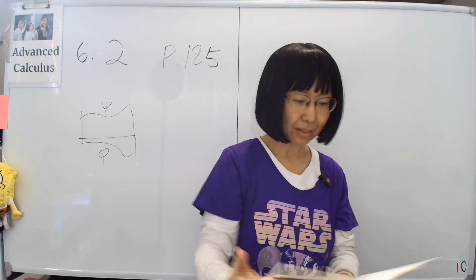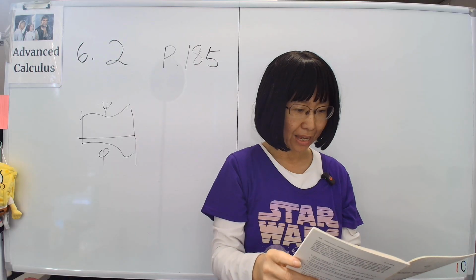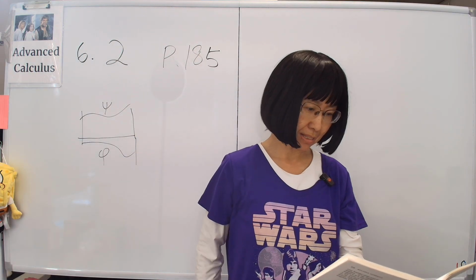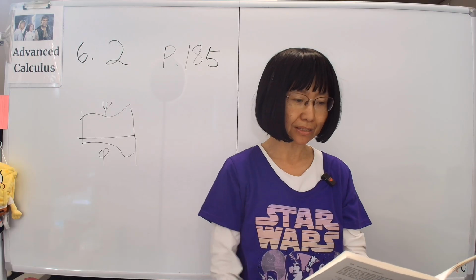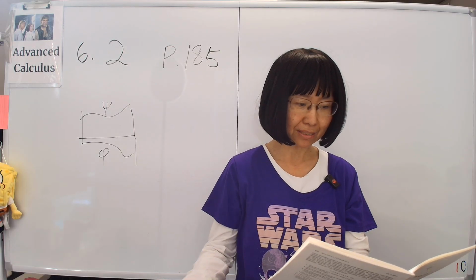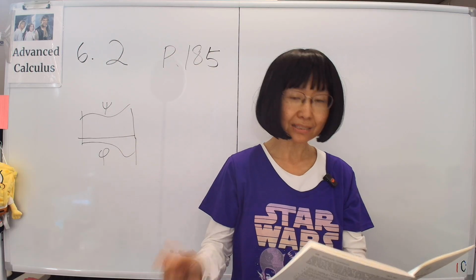As an example, let's look at example A, a fairly simple, straightforward problem. A is minus half, B is 1, phi of x is minus x, psi of x is 1 plus x, but that's just the boundary.